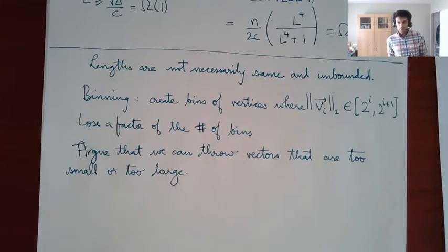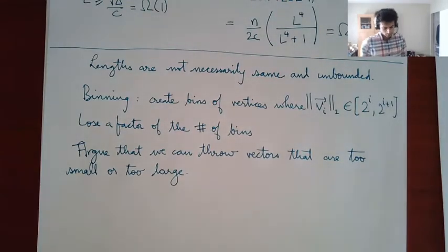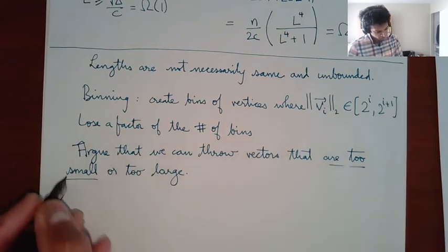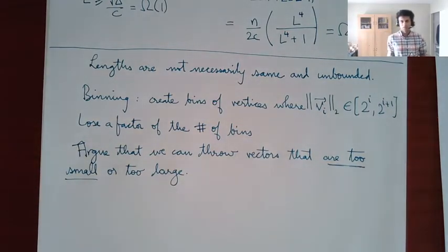So you can argue that you can throw away vectors that are either too small or too large. So what about the vectors that are too small?